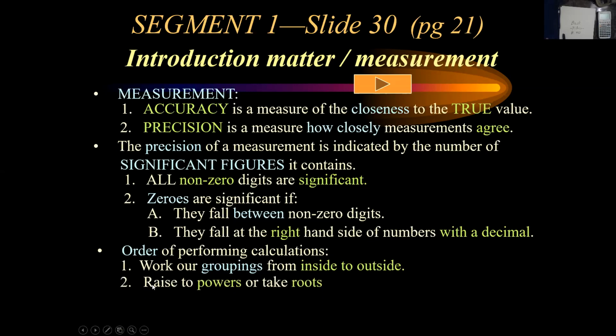Now within a grouping, when it does calculation, you can do addition, subtraction, multiplication, division, square root, cube root, square, cube, raised to the 5th power. Powers and roots are the first thing it does. It's going to look at that series of calculations it has to do. If one of them is squared, it's going to do the square first.